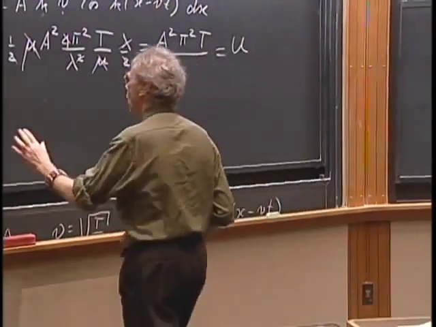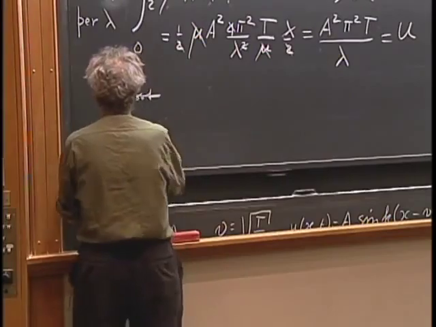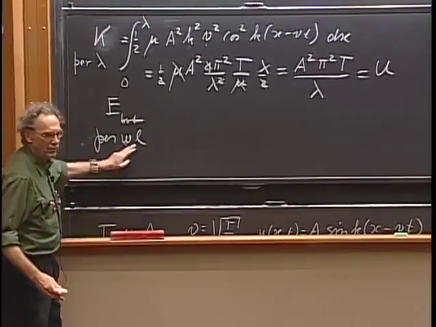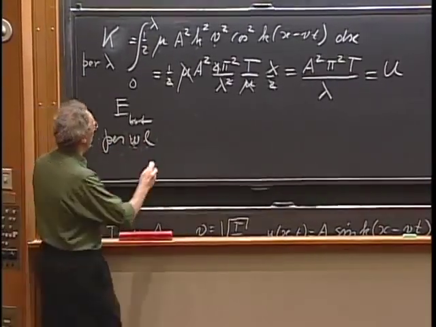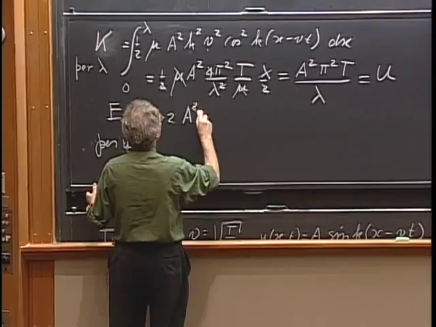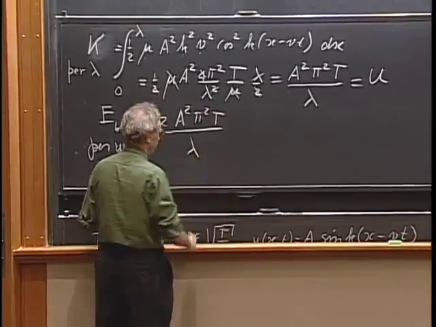So that means that the total energy per wavelength, so now I write down E total, again, per wavelength, WL stands for wavelength, not for Walter Lewin, but for wavelength. The total energy per wavelength is now twice that, so it's 2a squared times pi squared T divided by lambda.